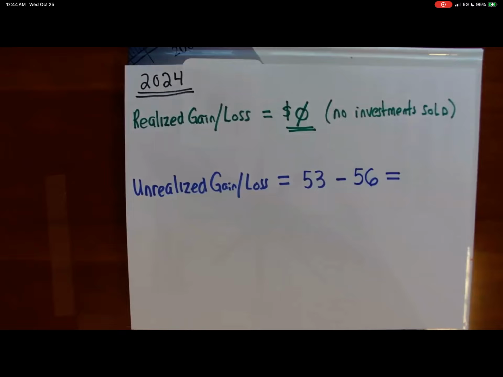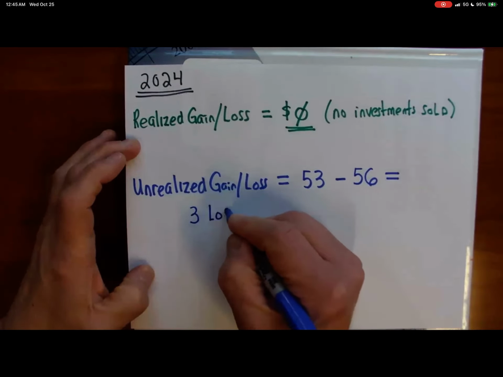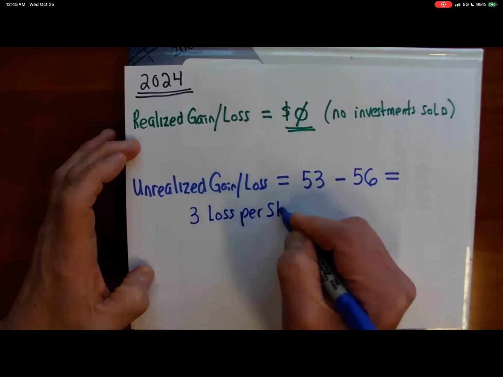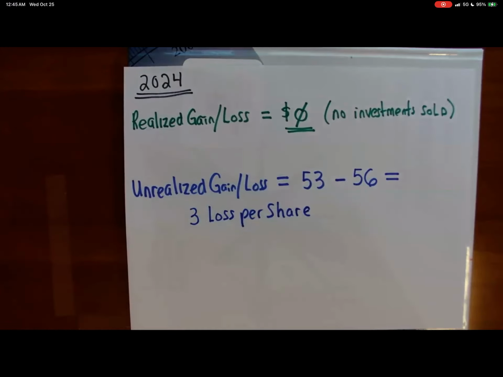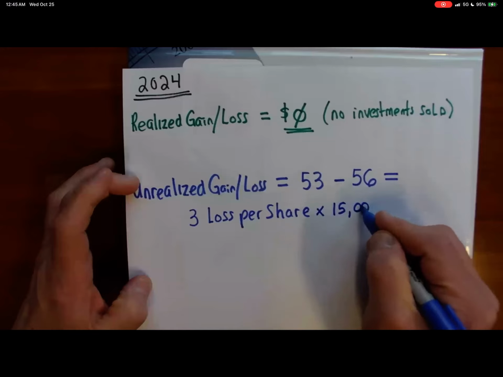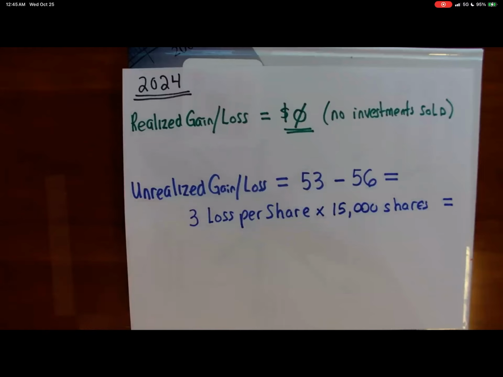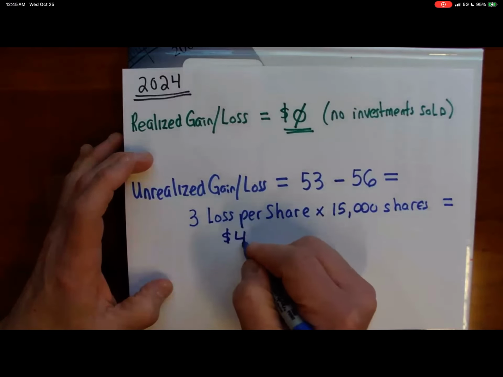They are currently worth less than that. They're only worth 53. So that tells me, we'll put it down here, we have a $3 loss per share. And we currently own 15,000 shares of the Zith company stock. So multiply that by the shares we own. And in 2024, they would report a $45,000 unrealized loss.